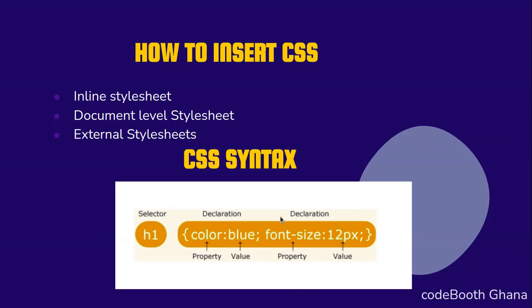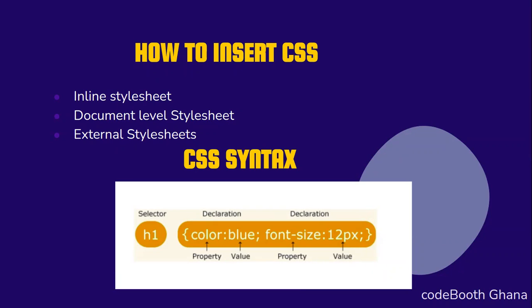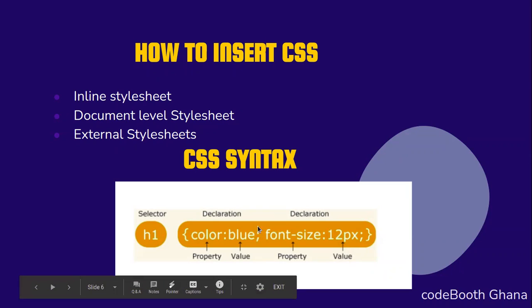This is how the color is being written. You just write color, then you introduce this colon, and then you write the name of the color. We have so many ways of adding colors to your website. We are going to look at them also together. So this is colon and this is semicolon, right? Then you end it with this semicolon. So this is one line of CSS.